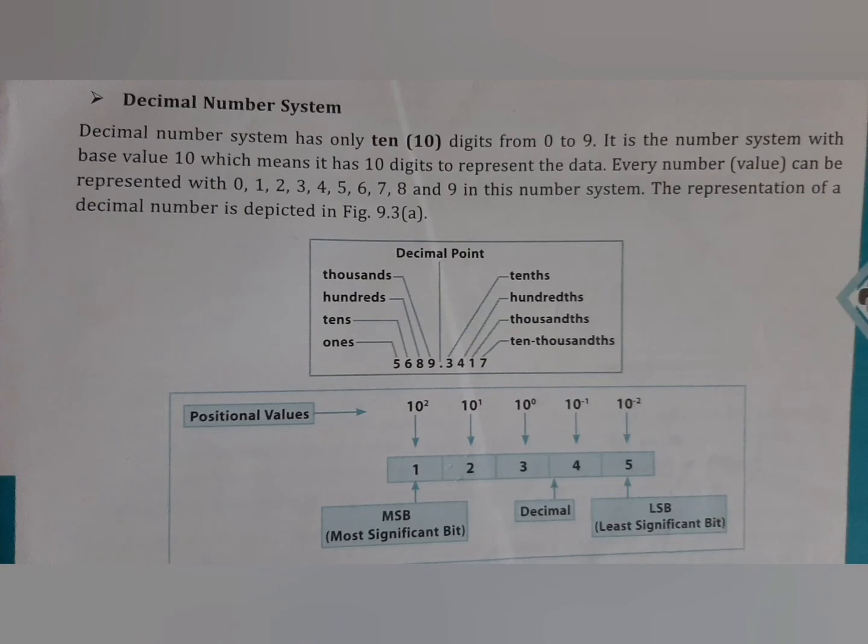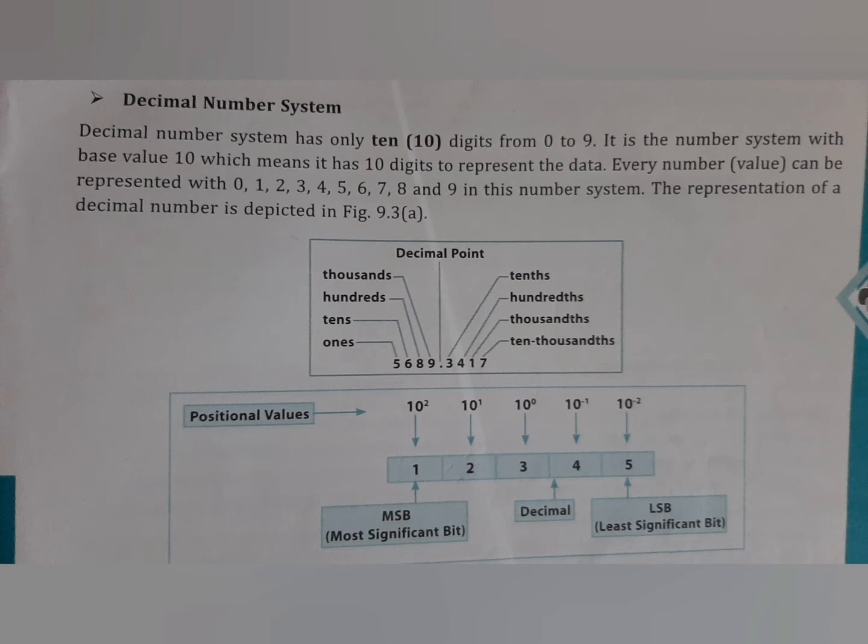Before starting these conversions, we need to get familiar with the decimal number system in detail. We know that it has 10 digits from 0 to 9 and its base value is 10, which means it has 10 digits to represent the data. Every number can be represented with the digits 0 to 9.